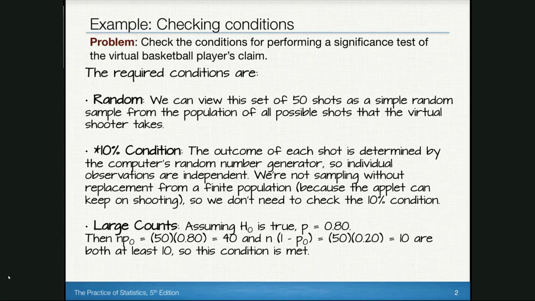We need at least 10 successes and 10 failures. Since we had 50 shots, 50 times 0.80 equals 40, and n times 1 minus p sub 0, or 50 times 0.20, is 10. Both are at least 10, so that final condition is met.